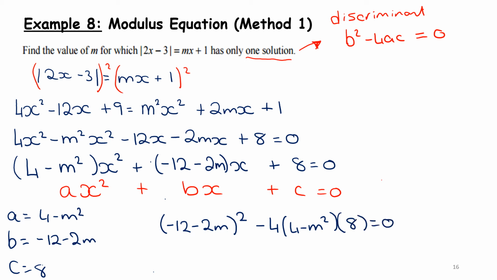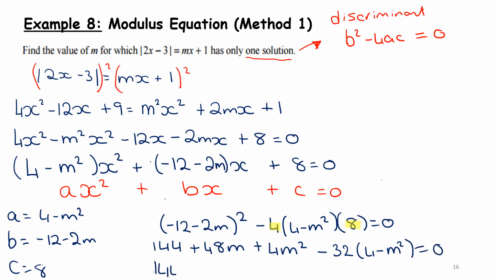So let's expand these brackets and tidy up. So we get minus 12 squared is positive 144. Minus 12 by minus 2m gives us plus 24m, and then we double it, so plus 48m, and then square the last, plus 4m squared. To make this second piece a little bit easier, I'm going to multiply the 4 by the 8, so I get minus, the minus stays there, and then 32 by 4 minus m squared equals 0.